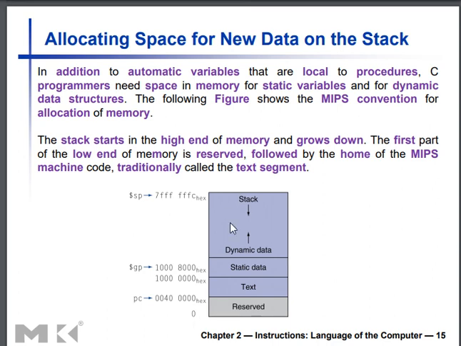Here there are many segments in the memory. Can you see here? There are four segments: stack and dynamic data, then static data, and then text and reserved data. At the bottom, the low end of the memory is reserved, followed by the text. Text means the instructions, that is what you call the text segment.